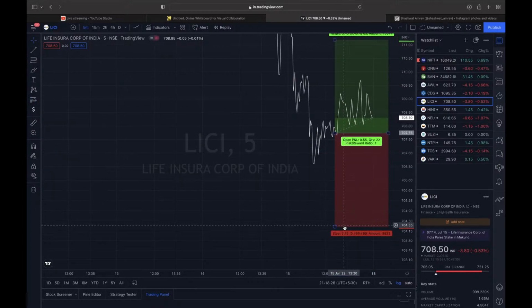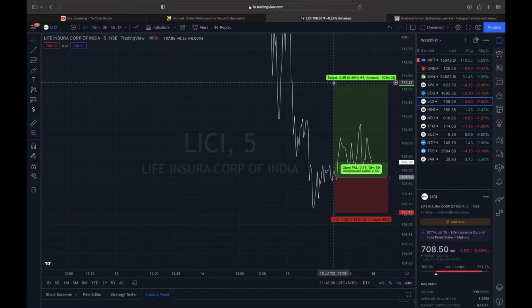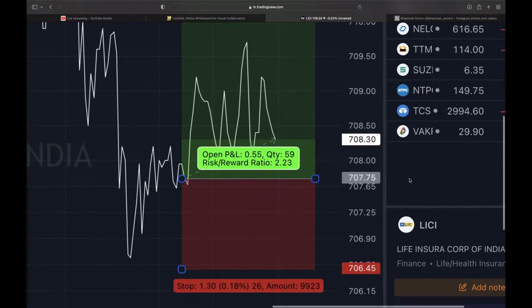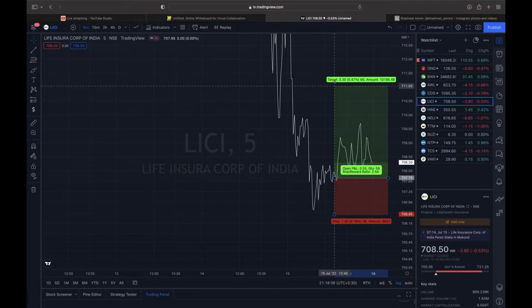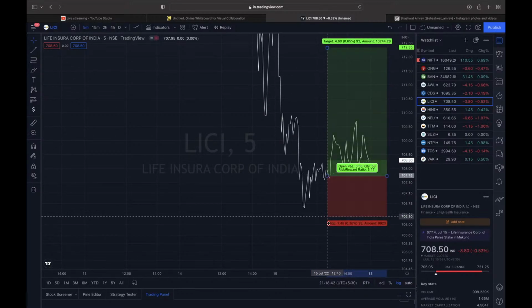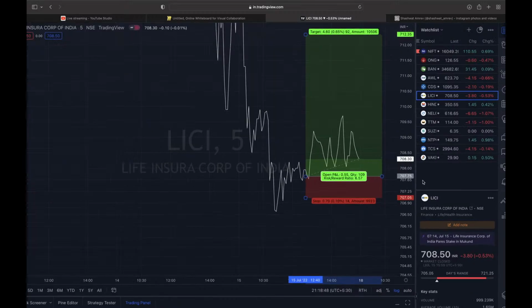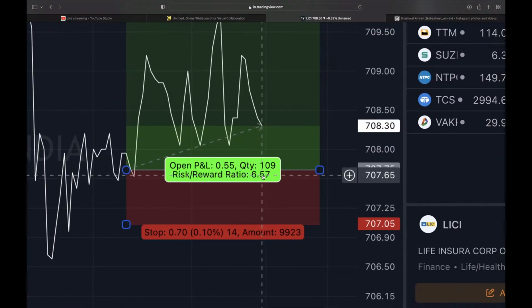You're taking this trade, your stop loss is like this and your target is like this. You just click over this and you see how much is the risk reward right now? 2.23. What if I increase my reward? Now it increases. What if I increase this? It is decreasing. So always make sure that this risk reward ratio should be greater than 2. This value should be greater than 2.